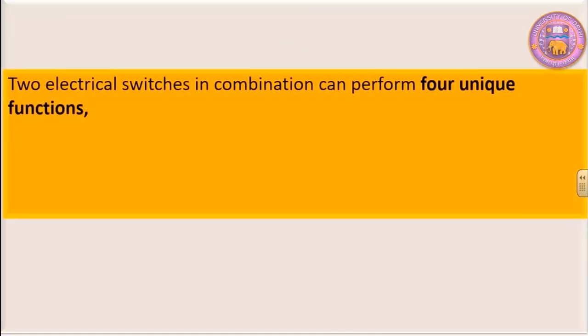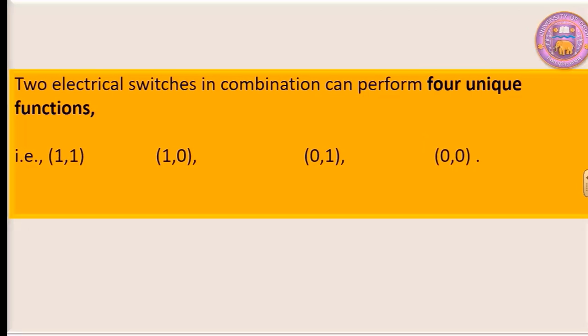If one electrical switch can perform two functions, then two electrical switches in combination can perform four unique functions. For example, both electrical switches can be on, off, on, and off. These are the four functions which can be determined by two electrical switches. So two electrical switches can perform four unique functions in combination.